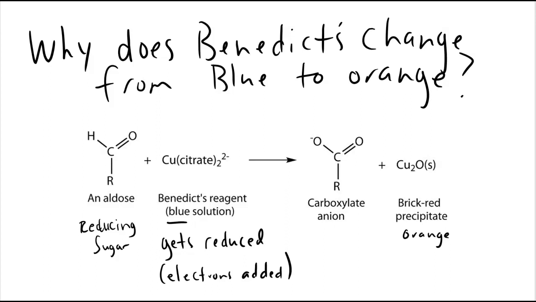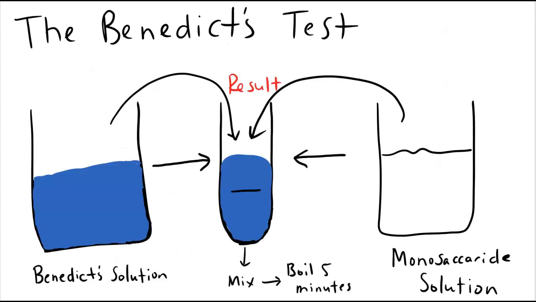It'll precipitate and change orange in color. A negative result on a Benedict's test would be a situation where whatever you're testing does not change from blue. It just stays blue in color, meaning it does not have monosaccharides inside of it.